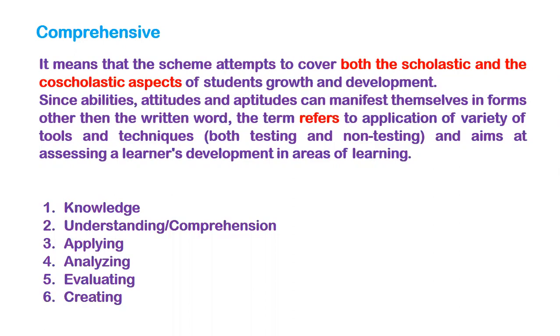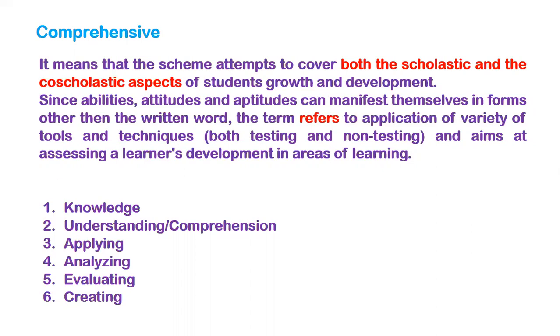You must understand the child via quantitative as well as qualitative ways. So the main aim of this comprehensive is assessing the learner's development in the areas which we have discussed, like from 1 to 6.